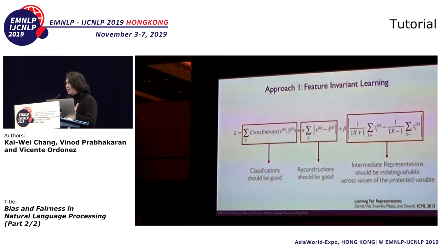So your projected X with the hat should be similar to the original X inputs. So that's the other objective. And then they have this third objective right there. That objective is that we want those intermediate representations Z to be indistinguishable across the values of the protected variable.